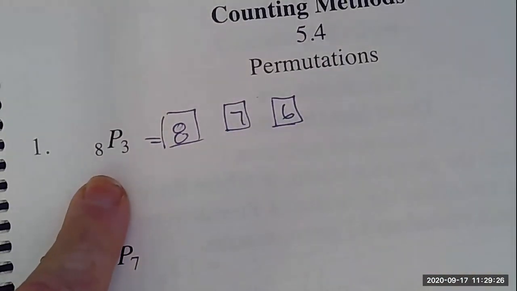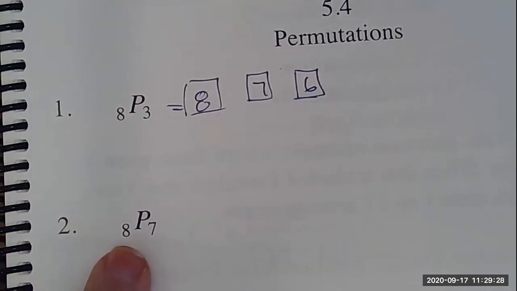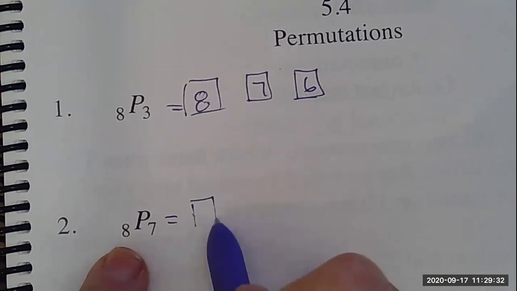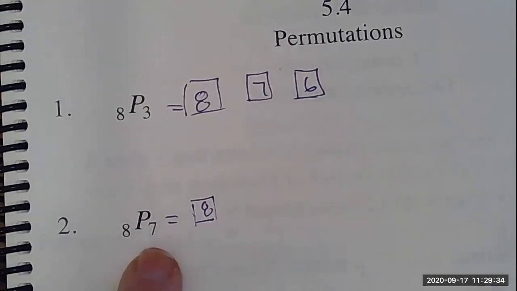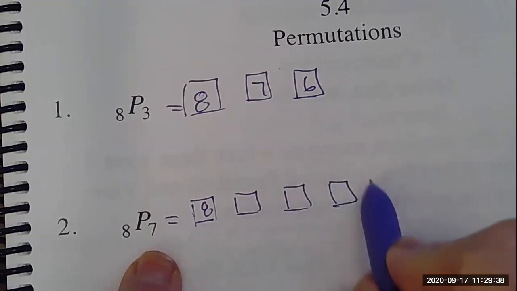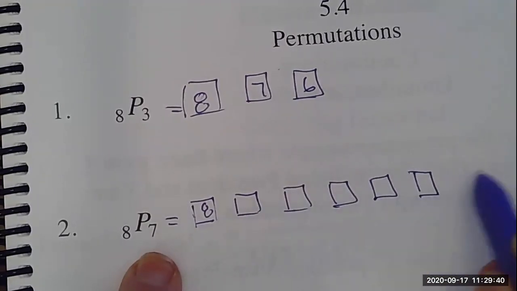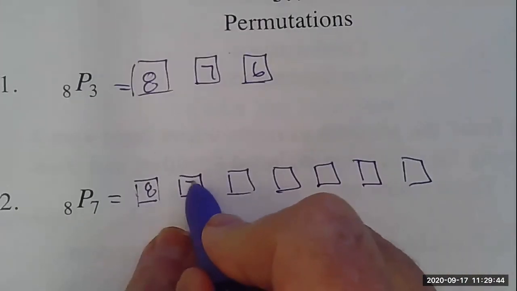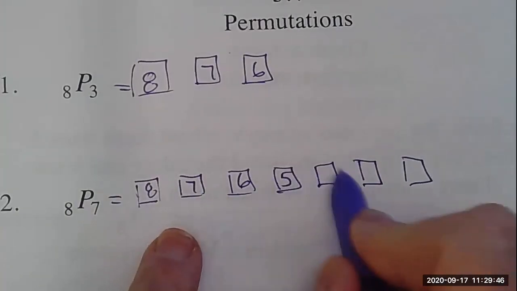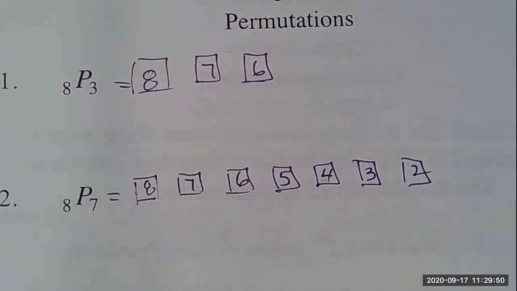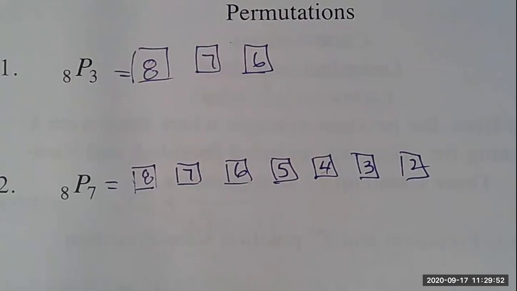You guys are just learning that. If you have a permutation, you start with the number 8 and you write the slots, and then you put the numbers in order: 7, 6, 5, 4, 3, 2. See, there's a pattern here. So you know that now.